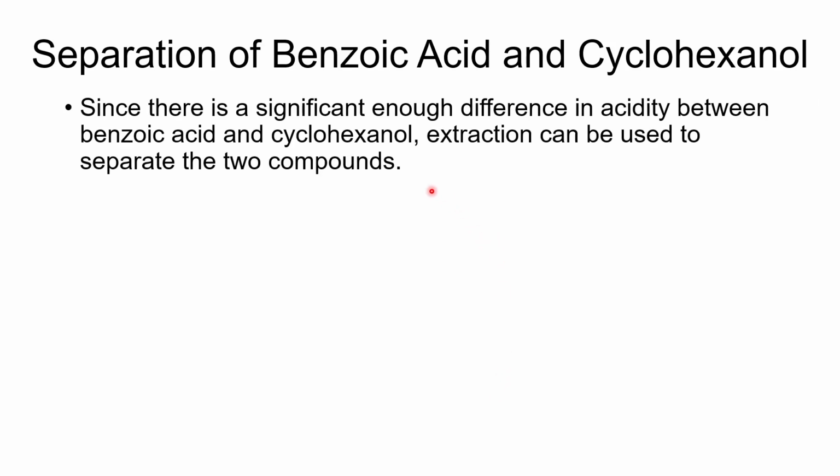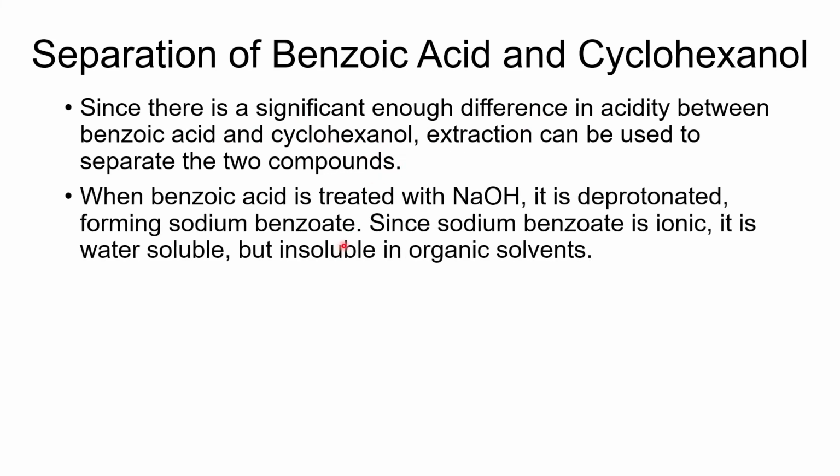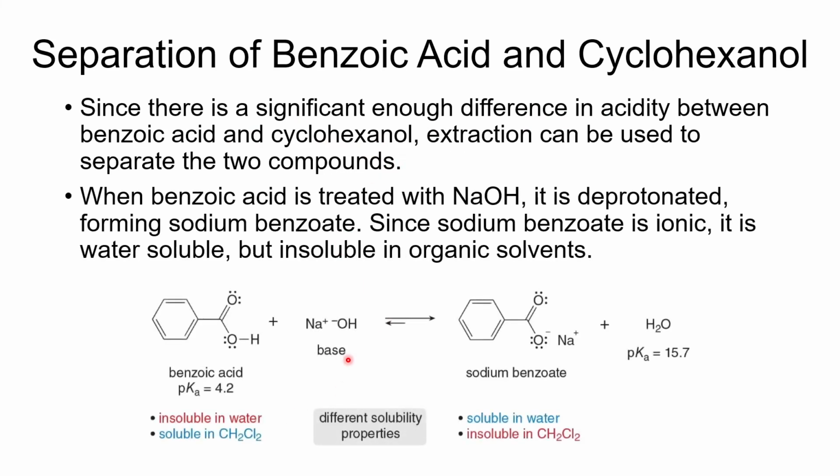There's a significant enough difference between the acidity of the benzoic acid and the cyclohexanol. The base that we're going to use would be something like sodium hydroxide. When we treat that mixture with sodium hydroxide, the sodium hydroxide is a strong enough base to deprotonate the benzoic acid and convert it into sodium benzoate.